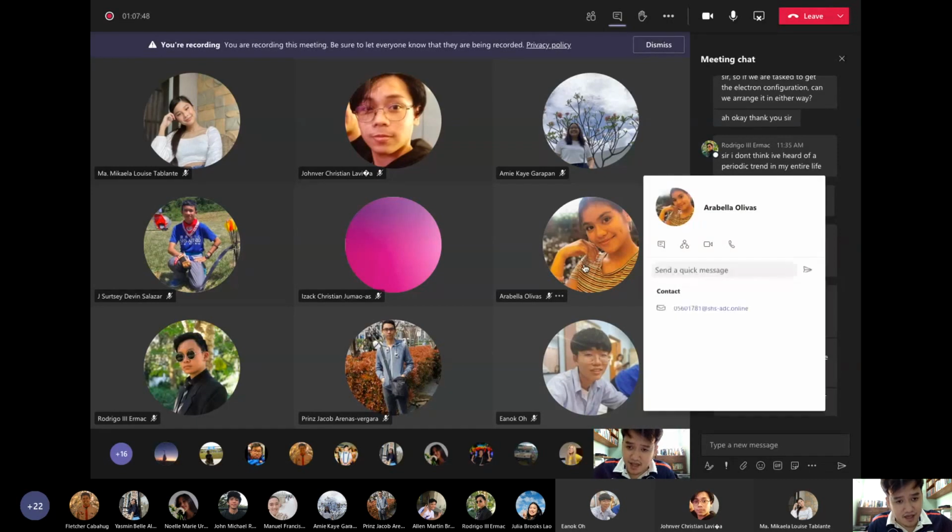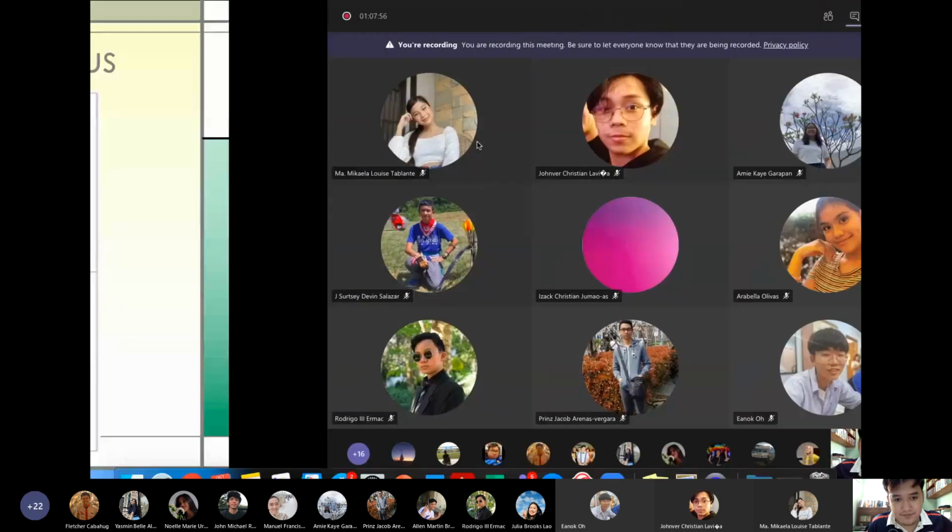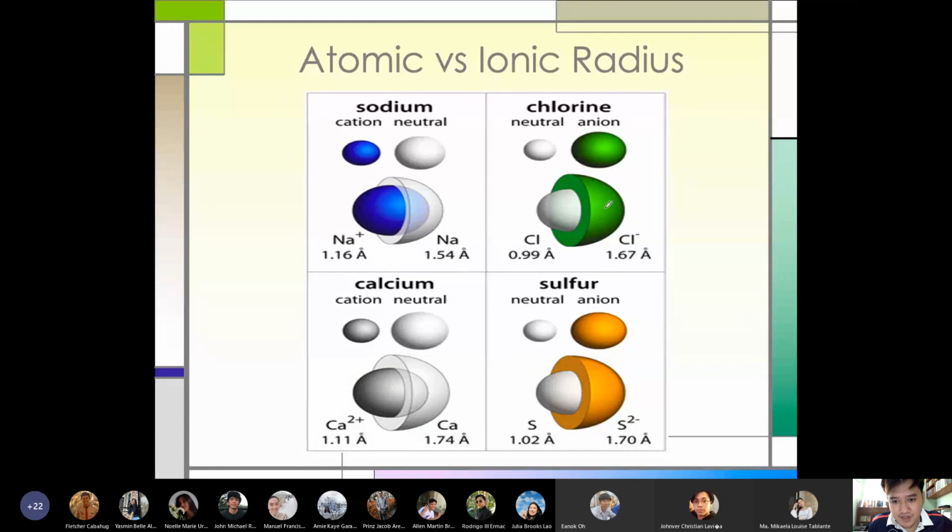Now, in terms of the anionic radius, when you say anion, it has more electrons, right? For example, chlorine has one additional electron. Sulfur has two additional electrons. So as mentioned, when you add more electrons, you increase the repulsion in the electron cloud.